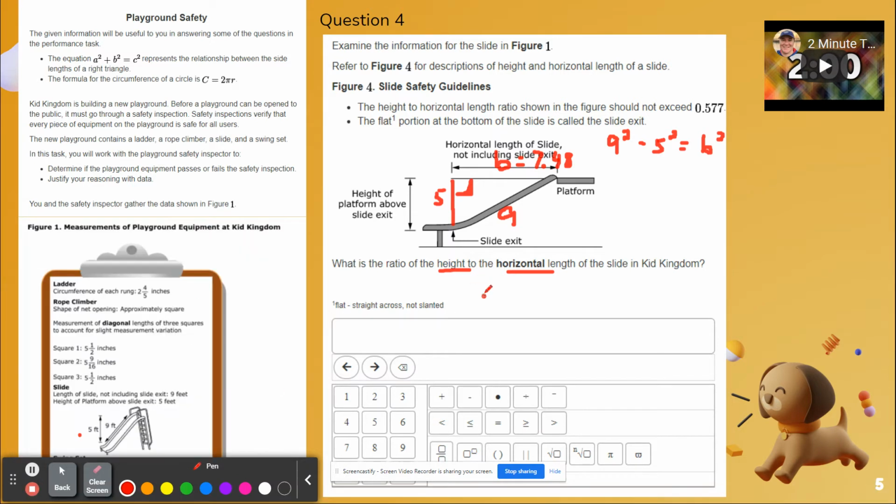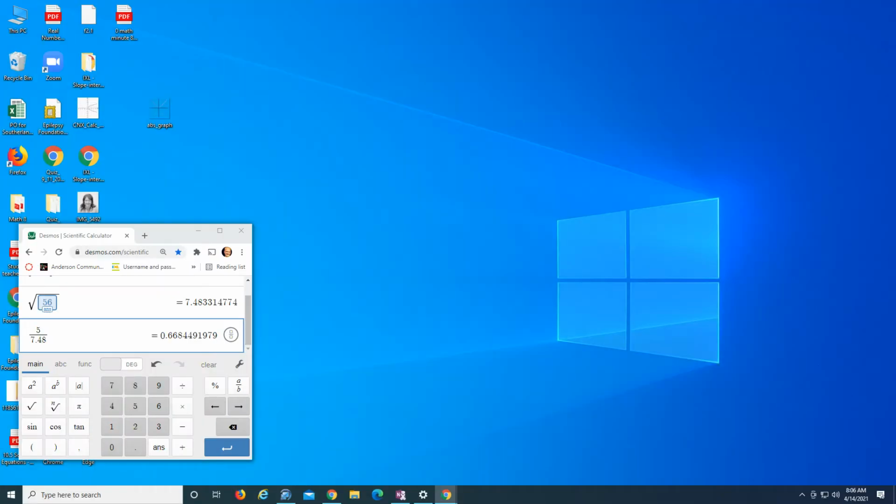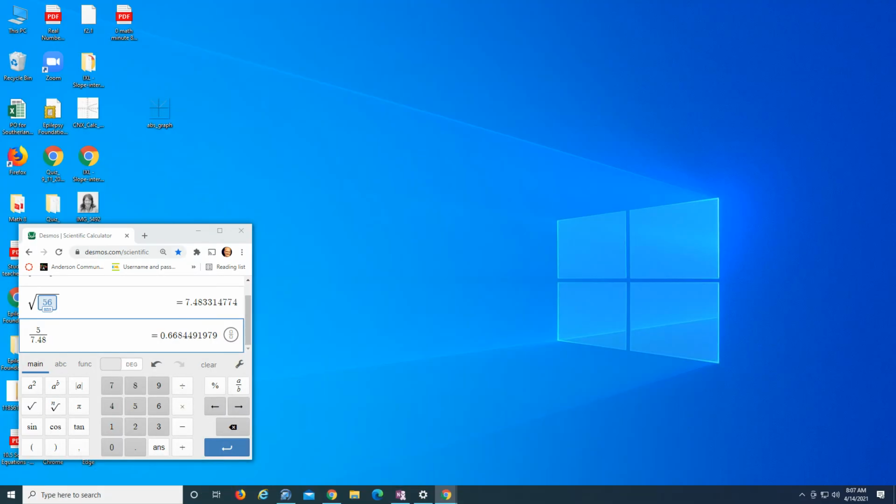And it comes up to be 0.667. Actually, this one went to the thousandths, so let's go to the thousandths. 0.668.